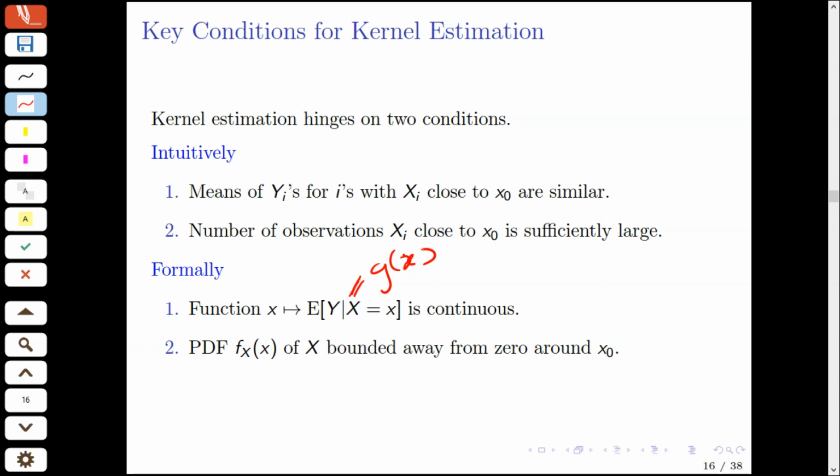And towards the second intuitive condition, what we need is that the density, thinking of x as a continuous random variable, the density of x should be bounded away from 0 around our point of interest. That is, there should be data to work with.